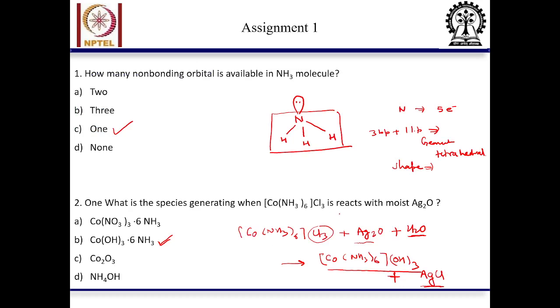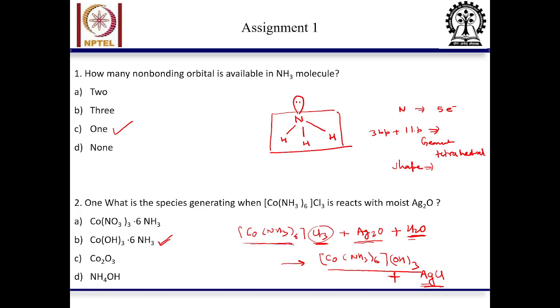So basically the Cl3 will be replaced by the OH. Why? Because we are using Ag2O with moisture. This inner sphere is non-ionic and directional, so it is stable. The only thing you can replace is the anion with Ag2O and H2O, so only the primary valence can be replaced.